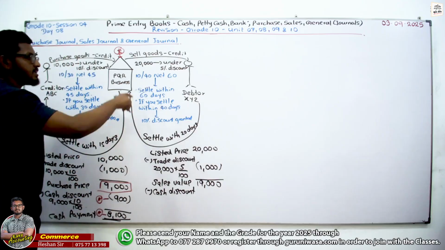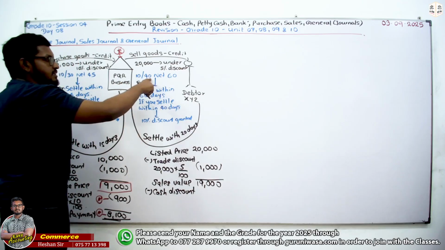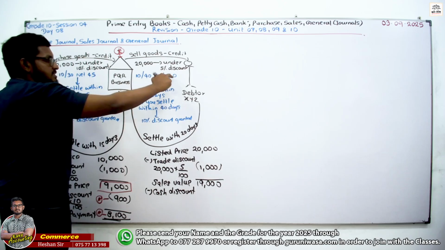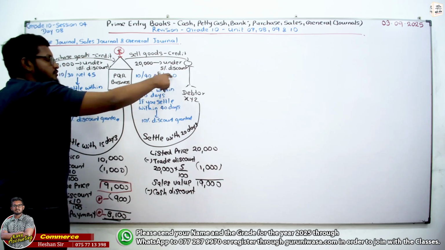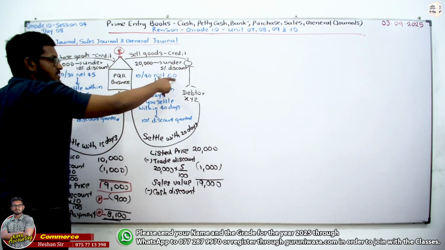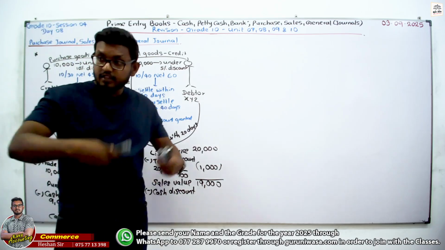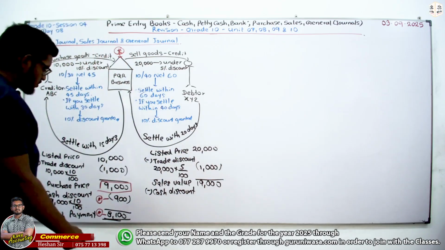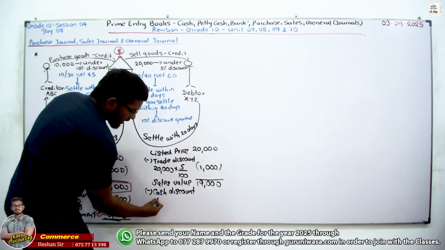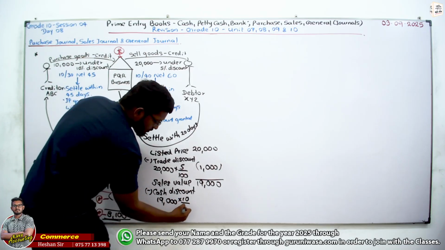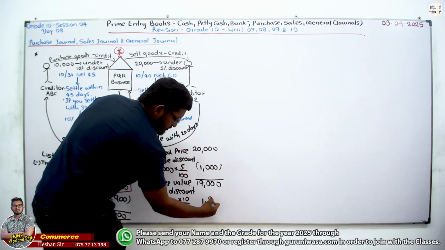Right? Now I give him, if you settle within 40 days, this is the deadline. If the deadline is exceeded, I'm charging a penalty. If you settle within 40 days, I'm giving you 10% discount, right? So cash discount, 19,000 into 10%. 10 upon 100, how much? 1,900.